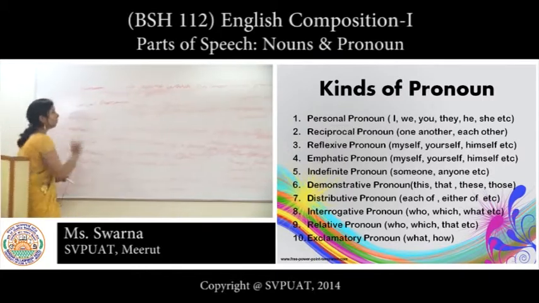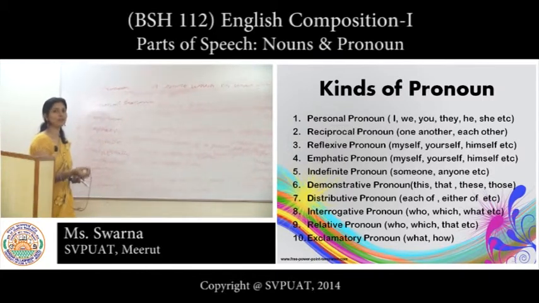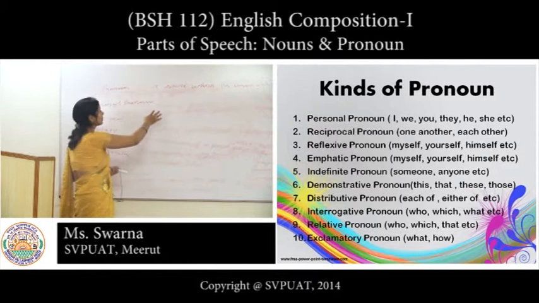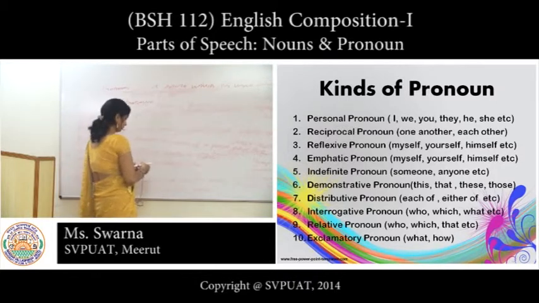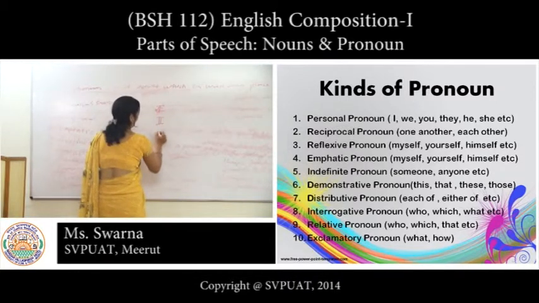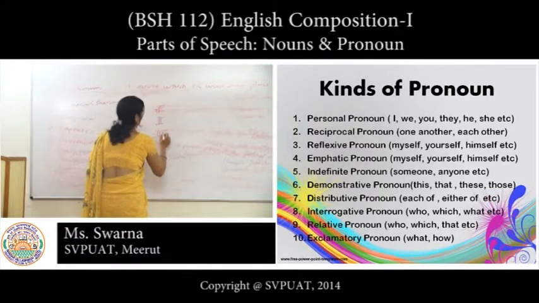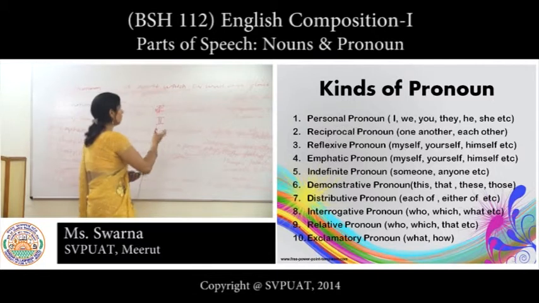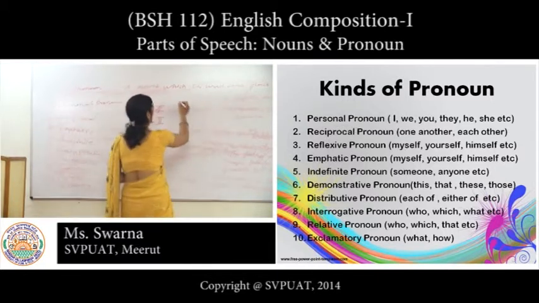First one is personal pronoun. When we use words I, you, they, we, my, then these words are under the category of personal pronoun. So personal pronoun contains three persons: first person, second person and third person. And these are also used in nominative case, objective case and possessive case.